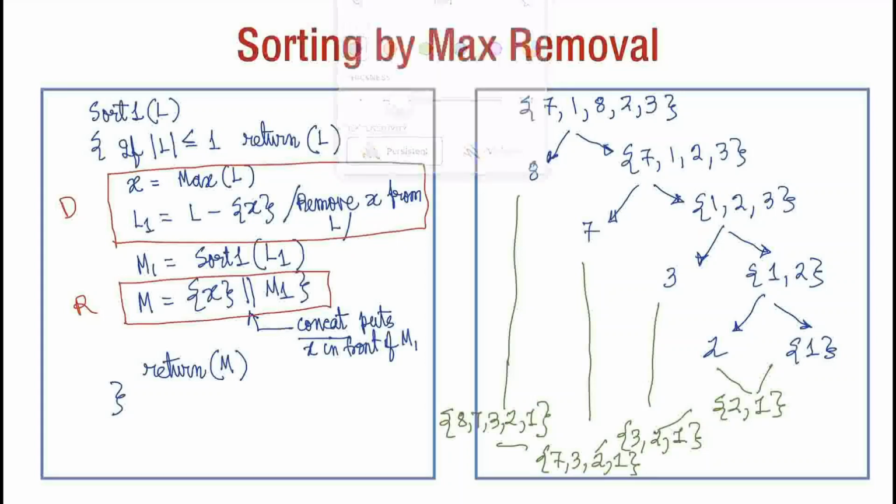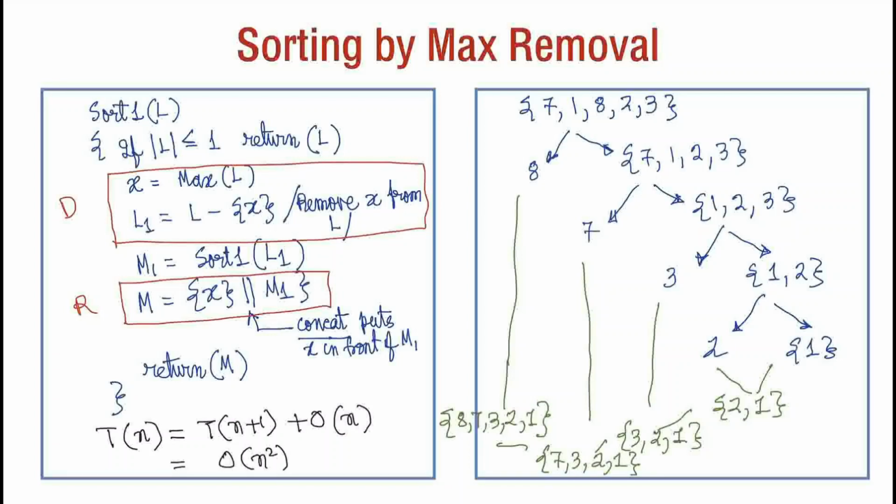Therefore, the time complexity, if I have to call it on T of n minus 1, and I require order n time to find the maximum, then we can see that this algorithm, in the brute force, will become order n squared. So this would be an order n squared algorithm.